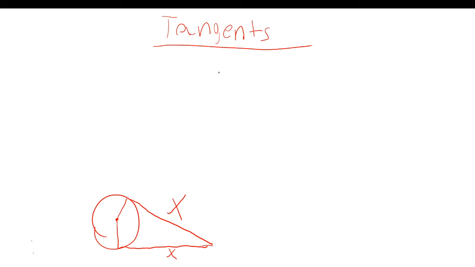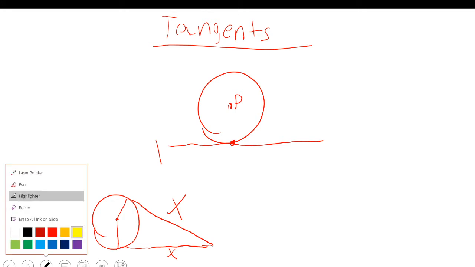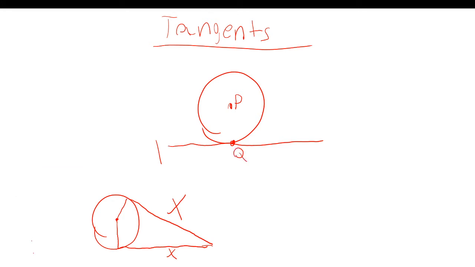You also need to know that, suppose we have a circle P, and another point over here, point Q, which lies on a line L. Now let's draw in a radius, segment PQ, a radius of circle P. If I draw this radius, you'll notice that it forms a right angle over here.